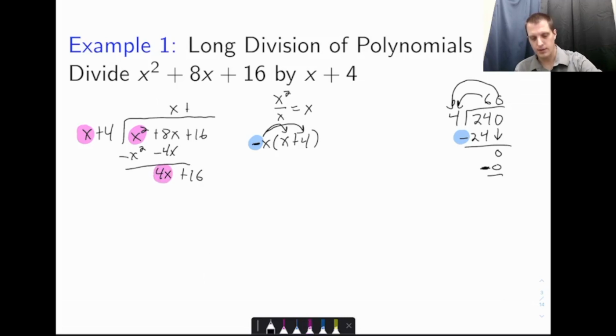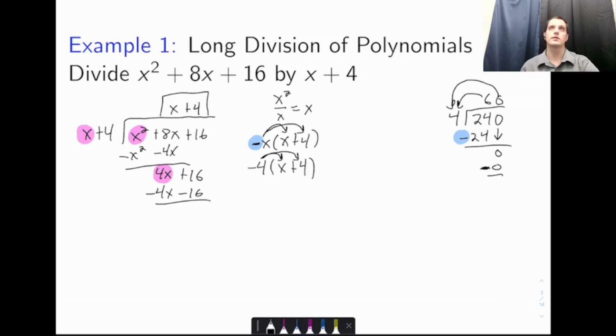So we're going to do a plus 4. Notice that my 4 is above the numbers or the constants. And then we'll just go ahead and do negative 4 times x plus 4, which gives us a negative 4x and then a minus 16. Oh, good. There's 0 remainder. So in this case, our answer is just this x plus 4.